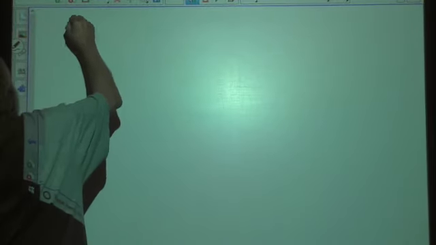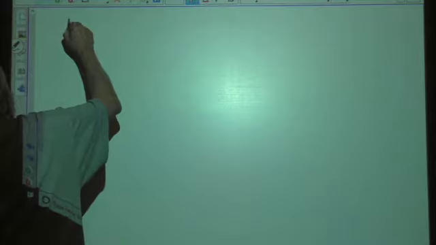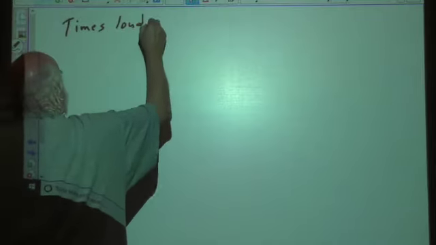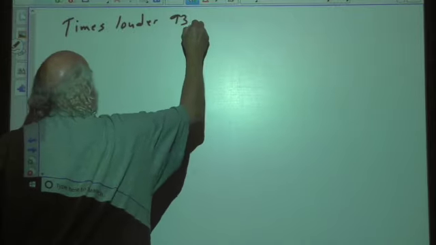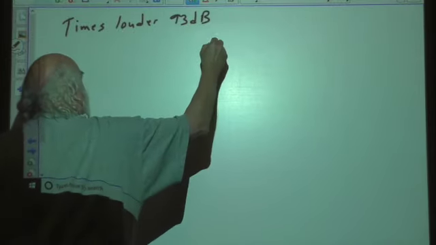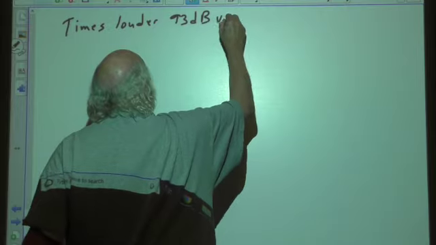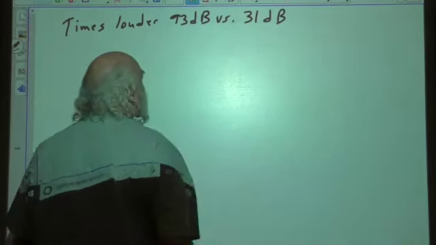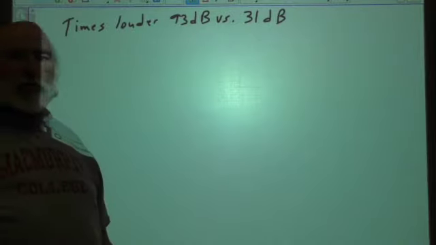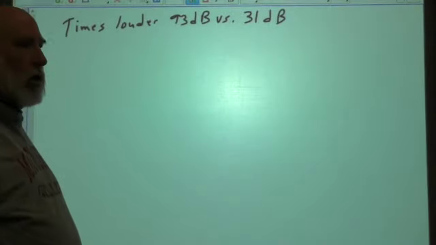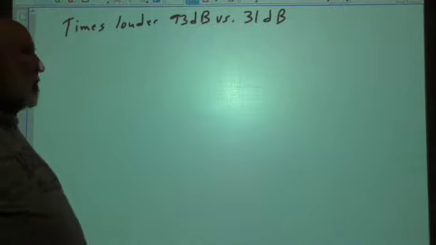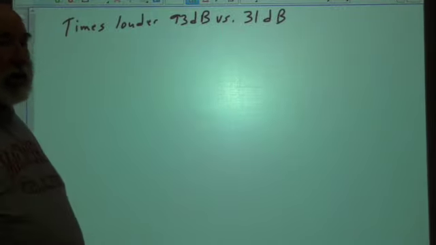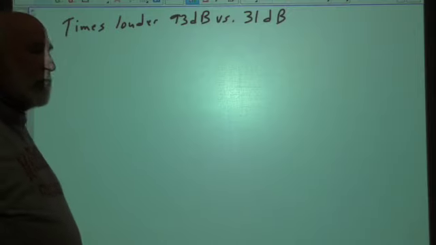So the question is, how many times louder is a 93 decibel sound compared to a 31 decibel sound? Well, the natural inclination here, of course, is to say, oh, well, 93 is 3 times bigger than 31, so it's 3 times louder, obviously.